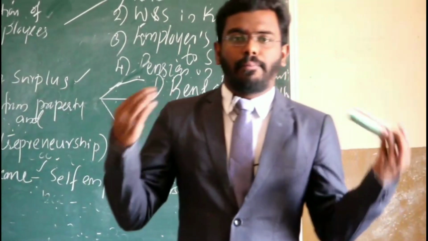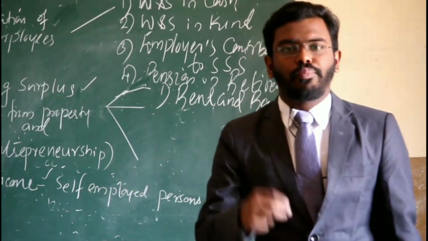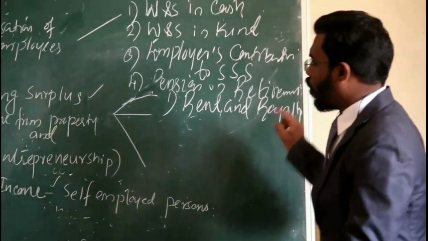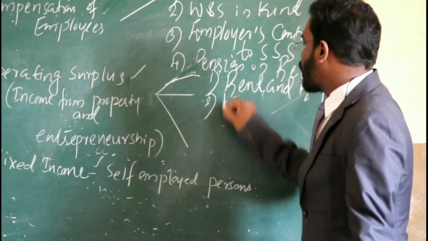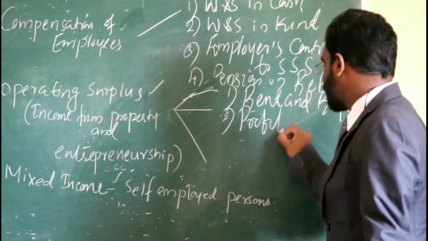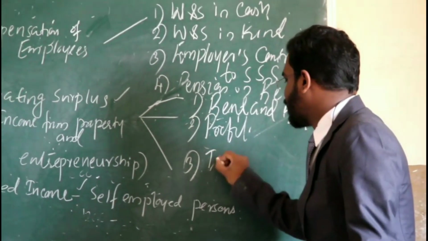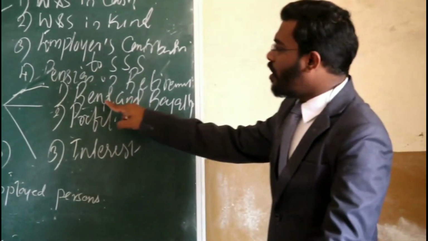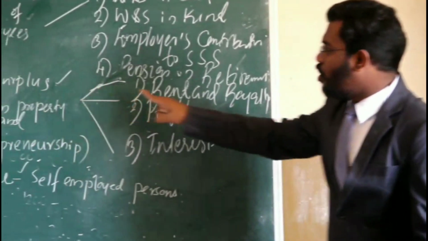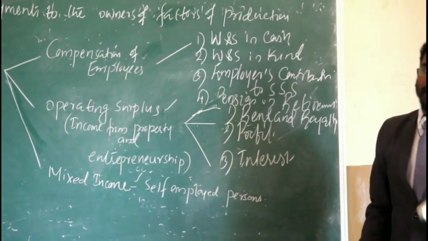If we use a patent of another company or anything, then we need to pay some money, that is known as royalty. Then the second one, profit. Third one, interest. So operating surplus includes three elements: rent and royalty, profit, and interest.